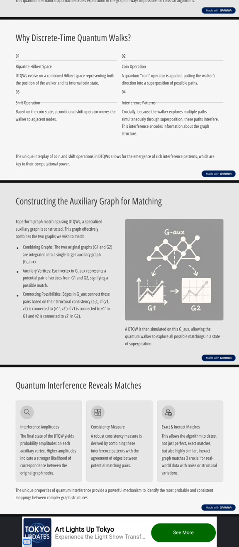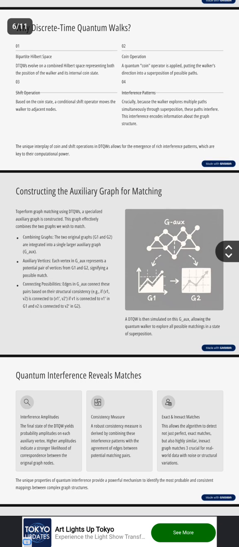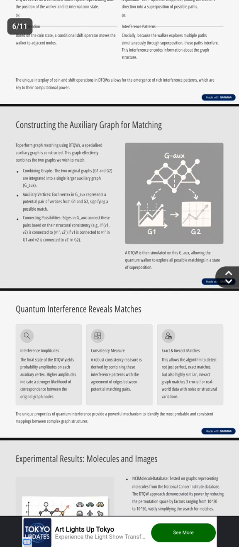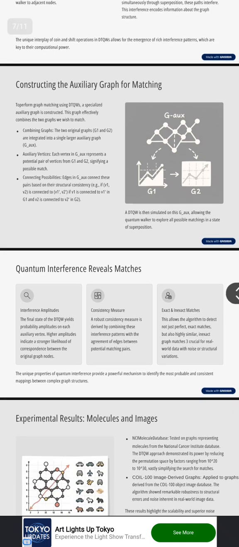Auxiliary vertices: each vertex in G_aux represents a potential pair of vertices from G1 and G2, signifying a possible match. Connecting possibilities: edges in G_aux connect these pairs based on their structural consistency. These are examples of constructing the auxiliary graph for matching.